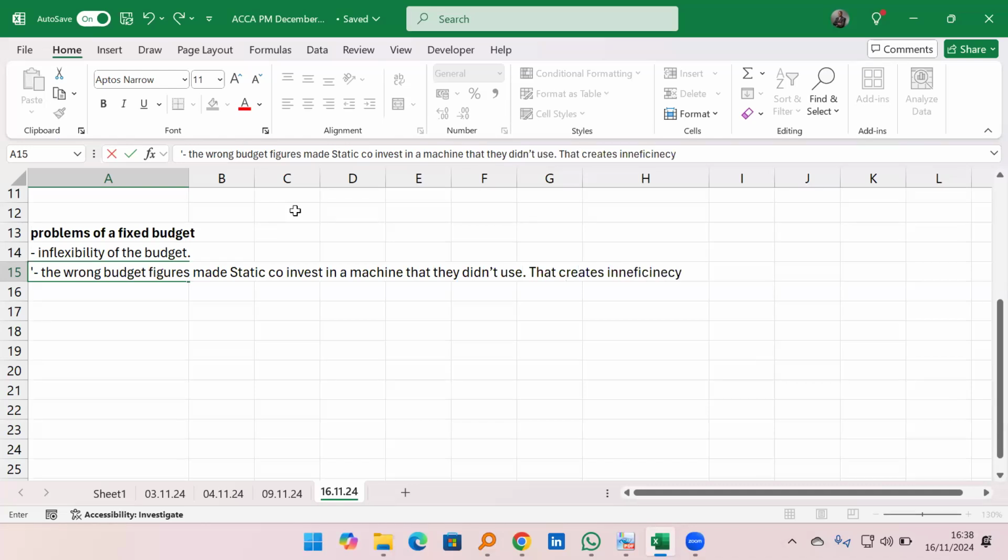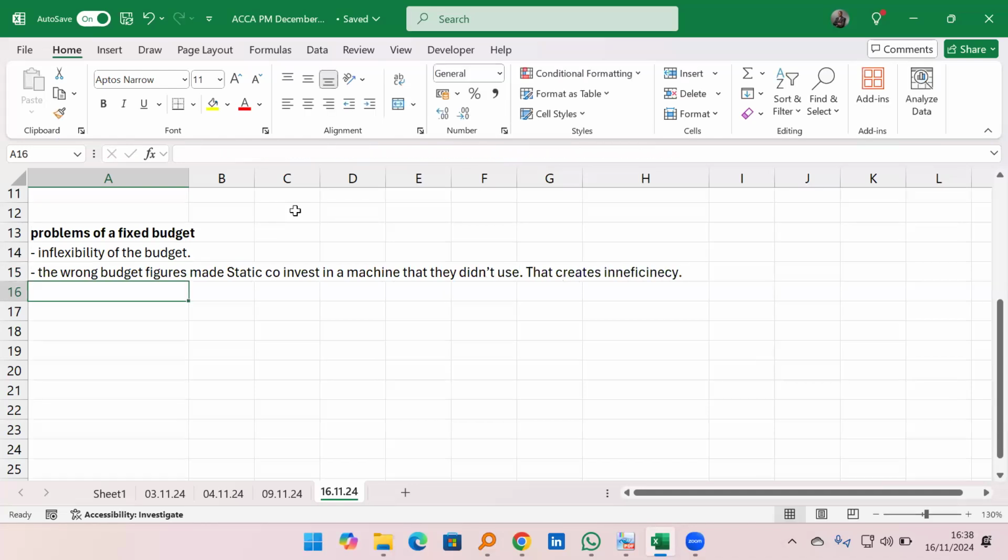So what may have happened was that, see, if you predict that you're going to sell 1,000 units, then you ask yourself, okay, but do I have enough capacity for those 1,000 units? No. So perhaps I need to bring another machine to help me with that. So you bring the machine. But then the demand turns out to be very, very miserable, in that ideally you are not going to be able to do anything with that miserable budget of yours.